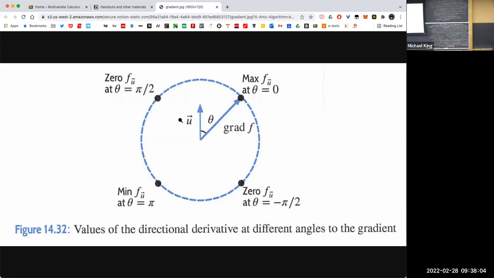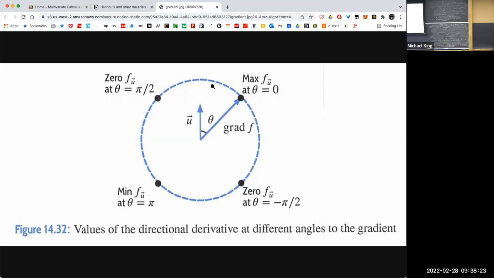The level curve of f through P. And so you could look at a contour map and just basically draw the gradient vectors.